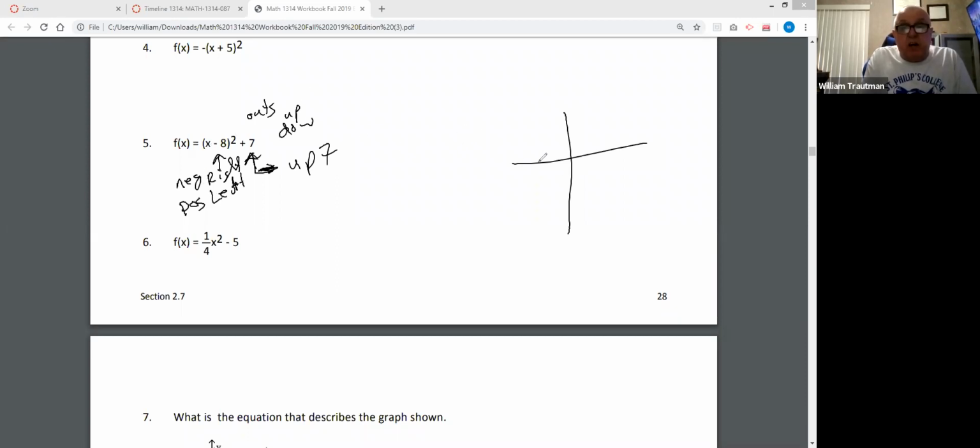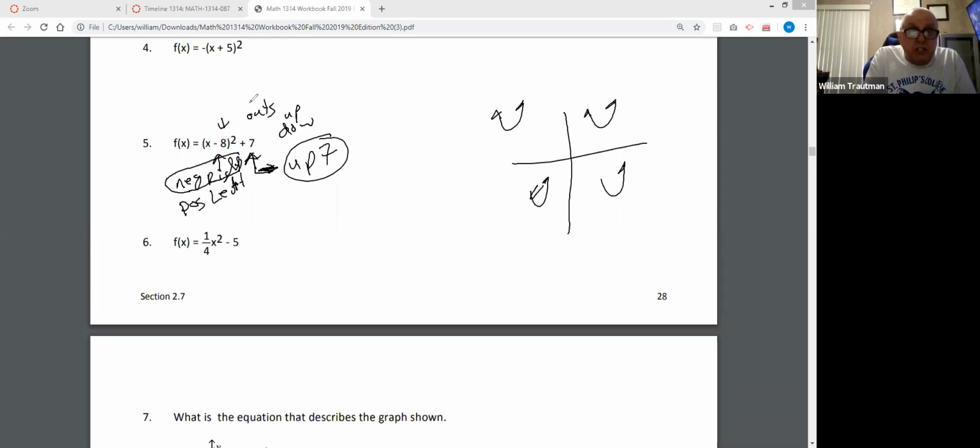So if I was looking at graphs on a piece of paper, there are 4 separate graphs. This graph moves up 7 and to the right 8.